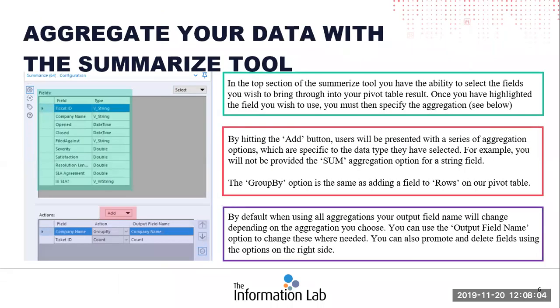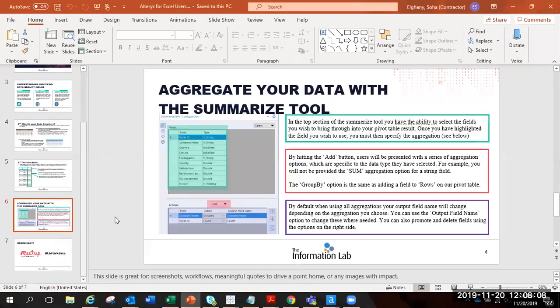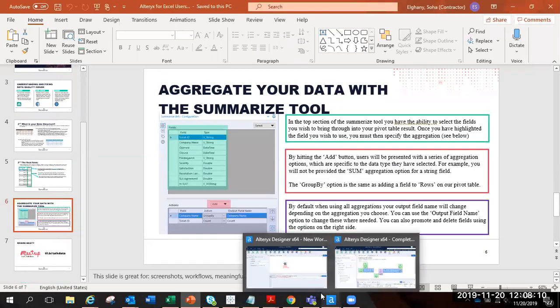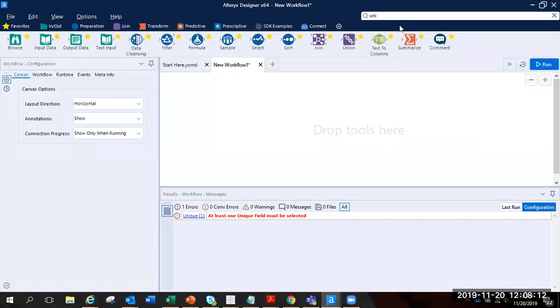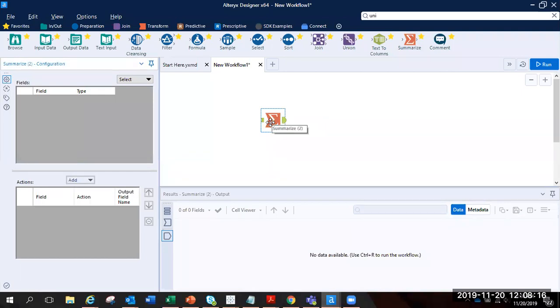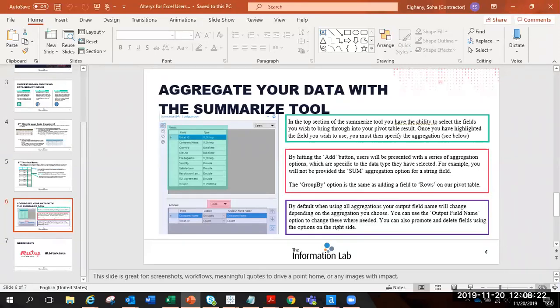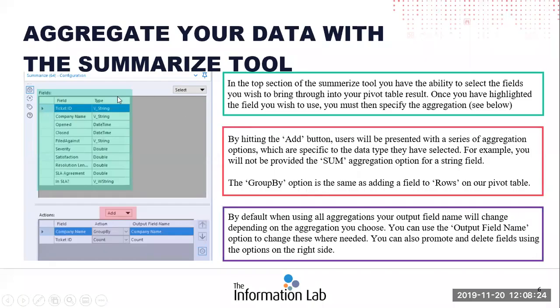So here I've got the interface of a Summarise tool. Let me show you here. It's this one here. And this is a really popular tool for aggregating your data. So in the interface here, you can see that in the type, it identifies whether it's a measure or a string field.